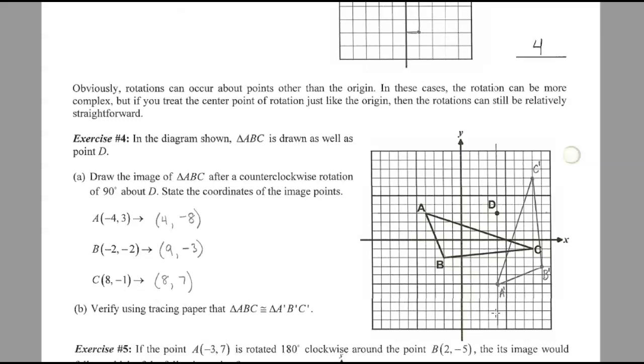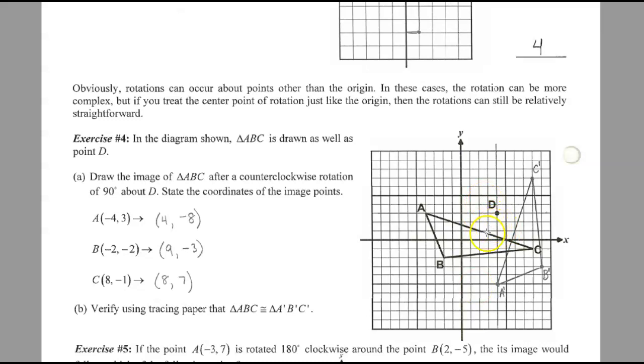For part B, it's at -2, -2, but really from point D, it's actually -6 back to the left and -5 down from D. So if we take the 6 and the 5 and we switch them, we get 5 and 6 from D. So what we have to do is count 5 units horizontal from D and 6 units vertical down from D. And that's why my B prime is placed where it is.